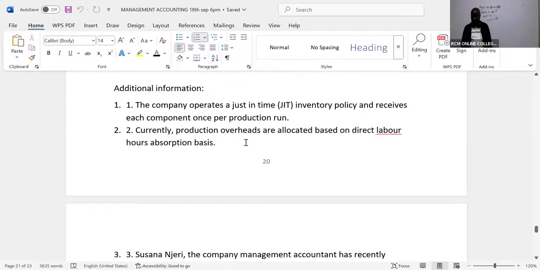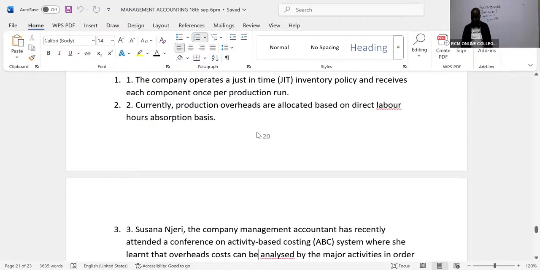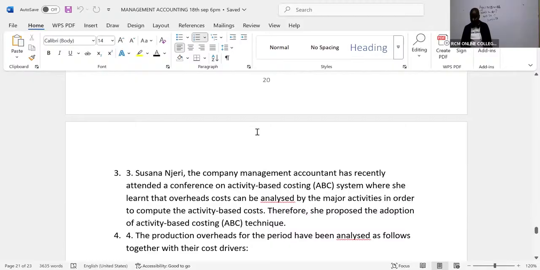2, currently production overheads are allocated based on direct labor hour absorption basis. 3, Susan and Jerry, the company management accountant, has recently attended a conference on ABC, activity-based costing system, where she has learned that overheads can be analyzed by the major activities in order to compute the activity-based costing.